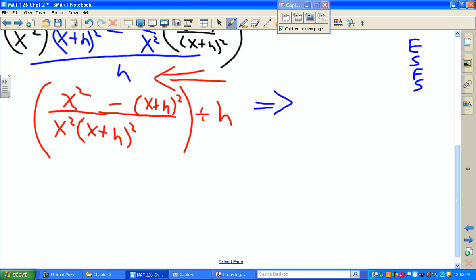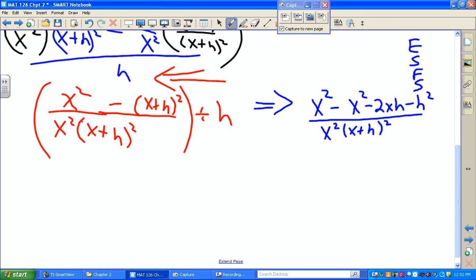Nobody's ever been able to come up with anything else, but you can try. To expand it, you have x squared minus x squared minus 2xh minus h squared. That's where a lot of people falter, when they expand a binomial. And you still have this all over x squared times x plus h squared.